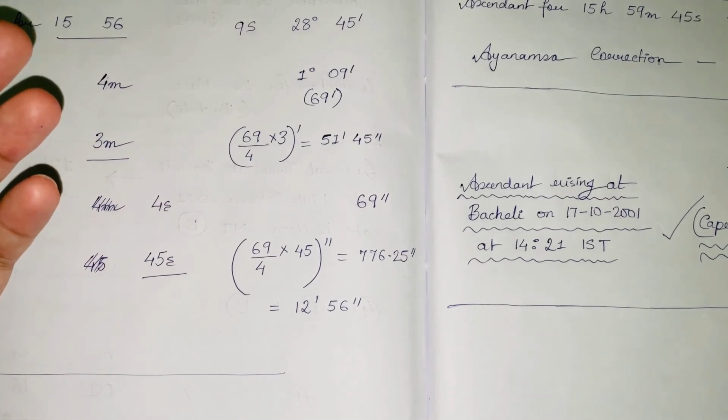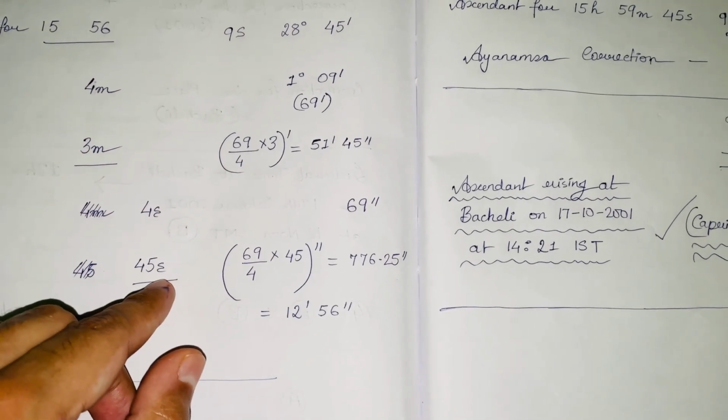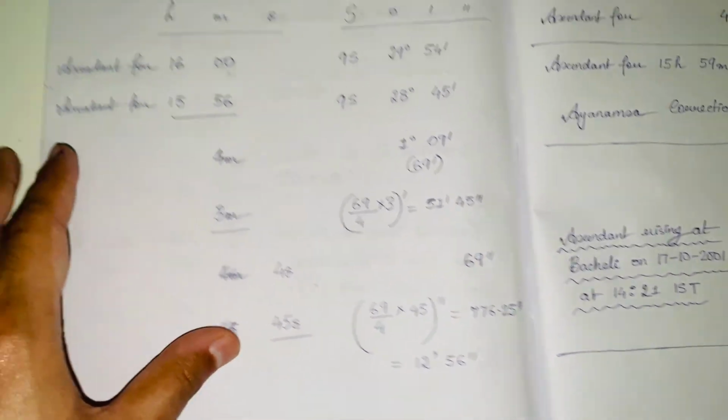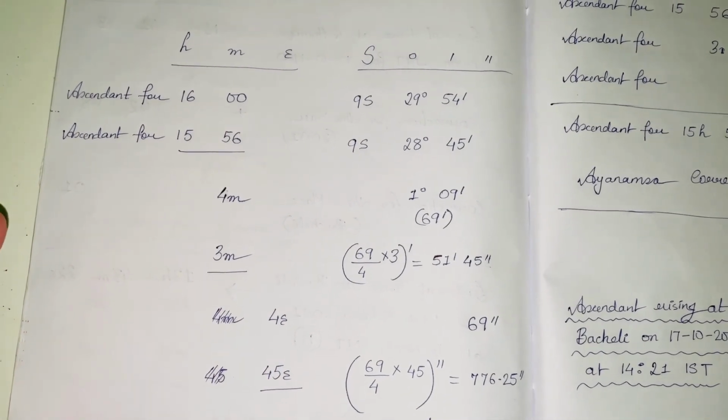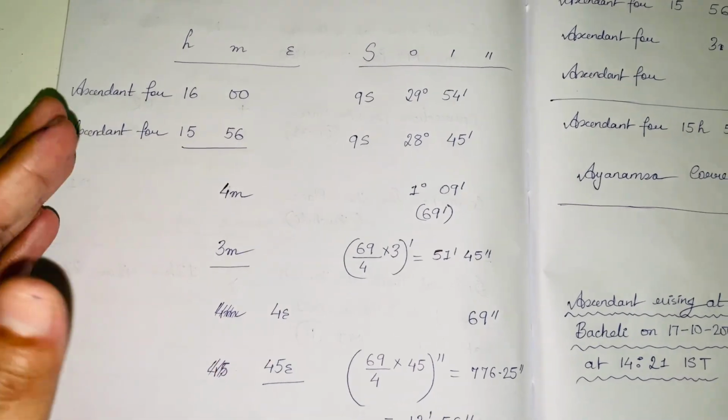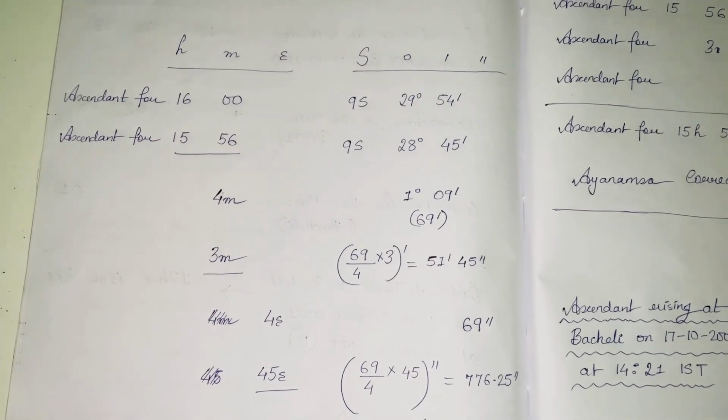So now I have the value of 45 seconds also. I now have the ascendant value for three different sidereal times.